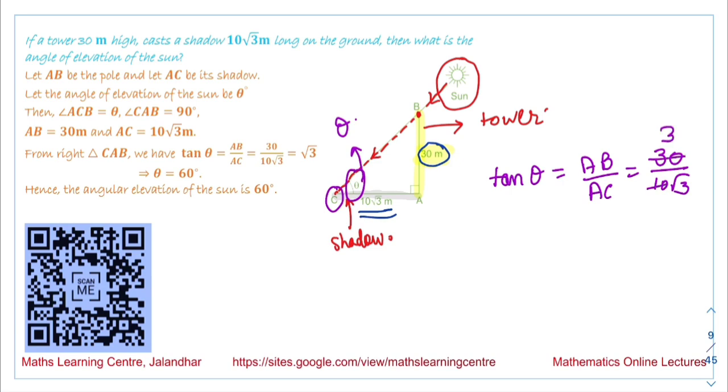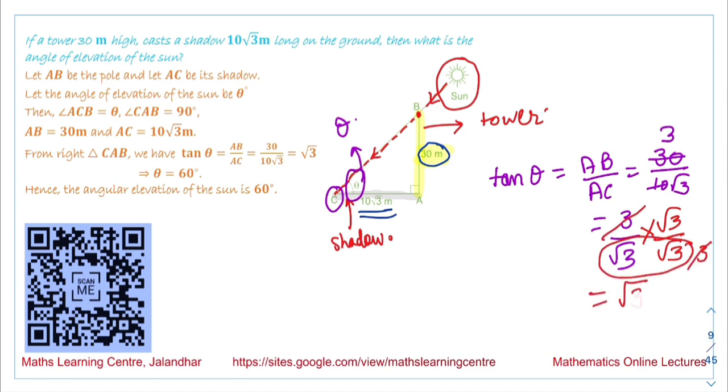This gets cancelled, we are left with 3. So it is 3 by root 3. Now if we rationalize this term, we get square root 3 by square root 3. When these two values are multiplied, we get 3 and these two get cancelled, and the final answer we get is square root 3.